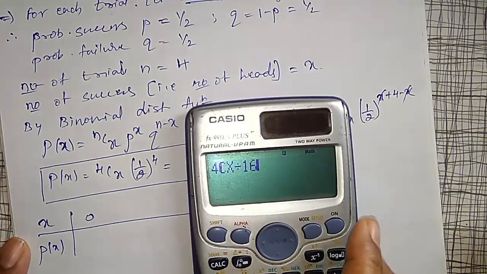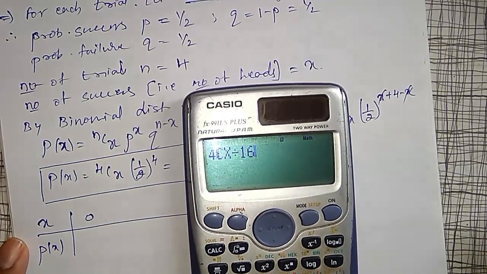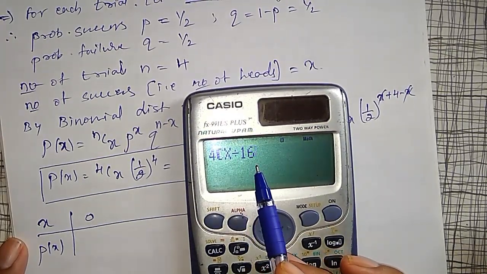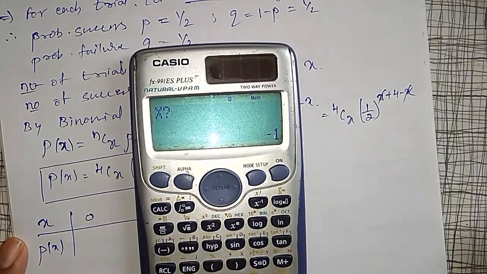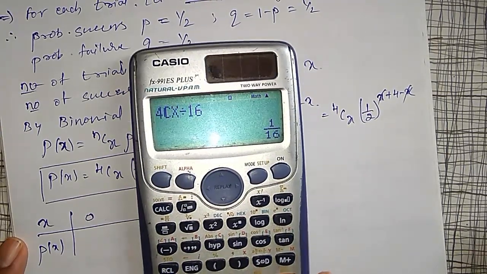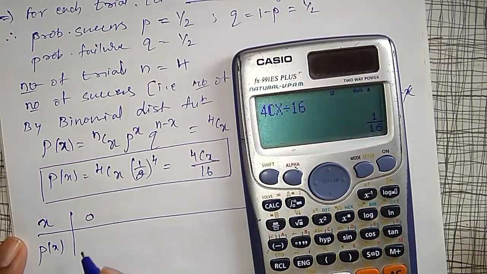We can operate it as 4C x divided by 16. Here first x equal to 0 I want, then using the calc option, it will ask for x, I enter 0, and it gives 1 by 16. Therefore the probability of getting 0 heads is 1 by 16.